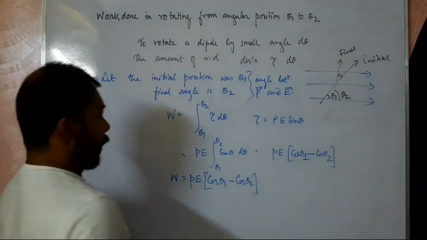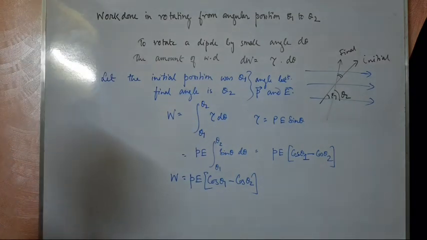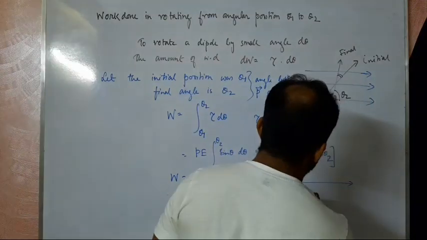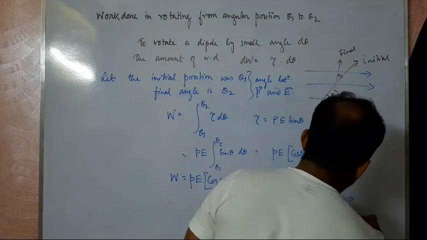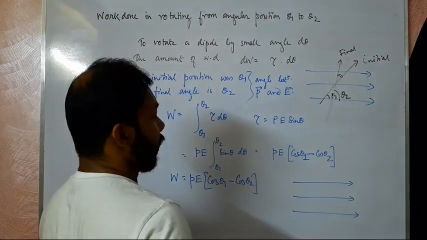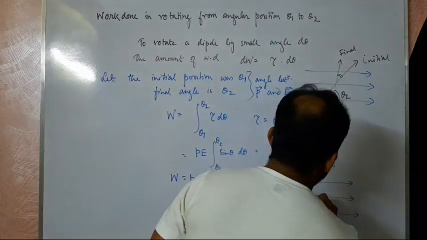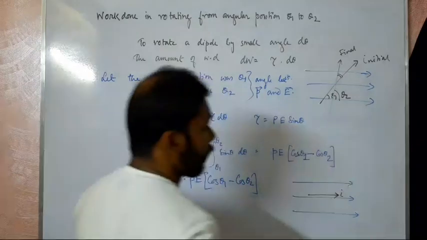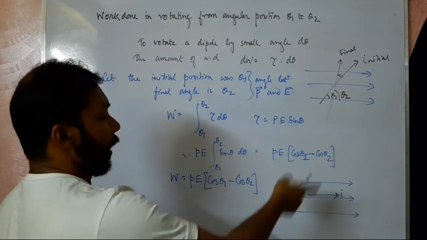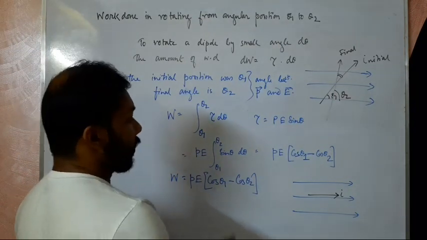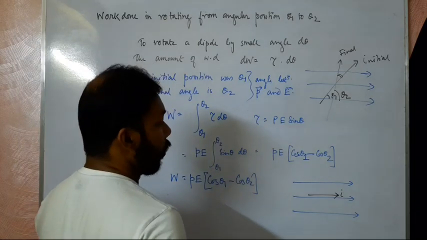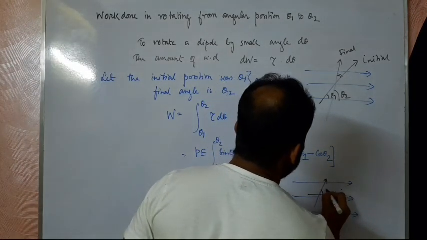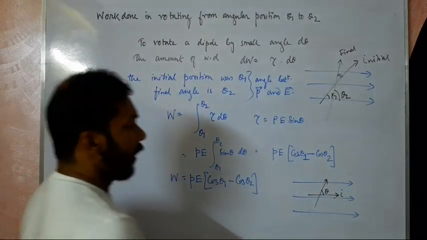Now for a special case, if initially the dipole was placed along the electric field and then it is turned by an angle. Suppose the dipole was initially placed like that, parallel to the electric field. That means initially θ1 is 0, and then it is rotated by an angle, say θ. This is the final position.